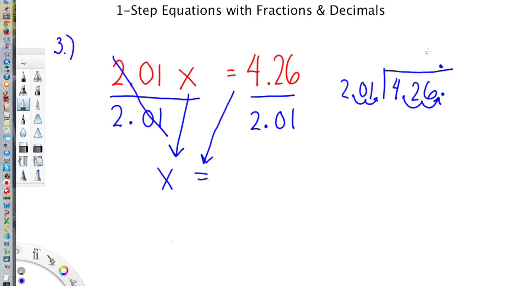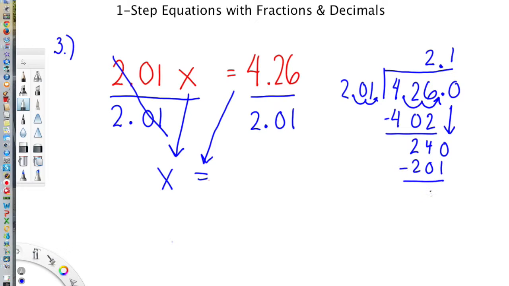201 will go 2 times into 426, and I will get 402. When I subtract, I will get a remainder of 24, and I will bring down a 0 and treat it like 240. 201 will go 1 time into 240, and when I subtract, I will get 39.